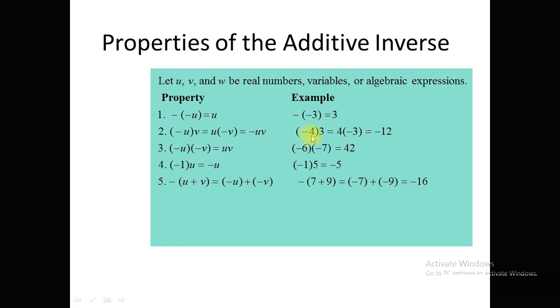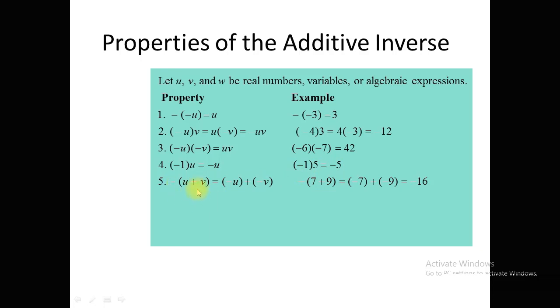For example, minus 4 times 3 can be written as 4 times minus 3, which is equal to minus 12. And minus u times minus v is equal to uv. Suppose minus 6 times minus 7 is equal to plus 42, and minus 1 times u can be written as minus u. For example, minus 1 times 5 equals minus 5.